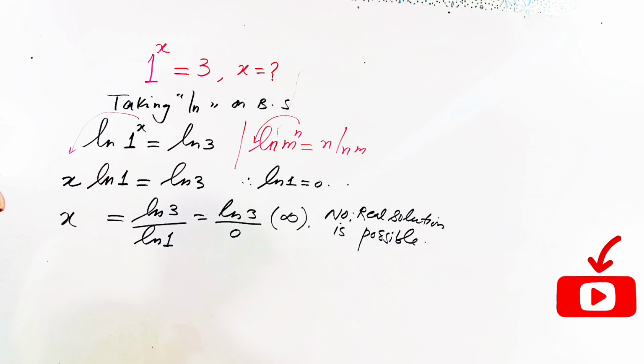So in this case, now we proceed with these steps. x is equal to log of 3 divided by log of 1, and we need to find log of 1. We proceed to see how we can write log of 1.